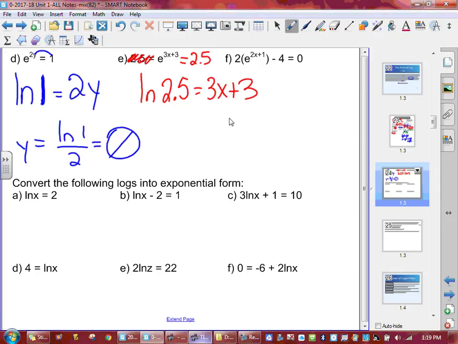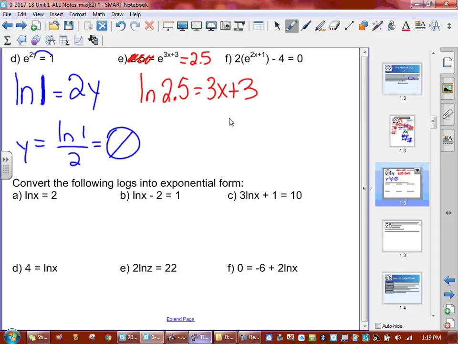What do I have to do to that question to isolate x? Forget that it even says ln on the other side. What if the word ln wasn't there and you just had 2.5? How do you get rid of that 3 there? You take it to the other side by doing the opposite function. Right now he's being added, so you're going to subtract 3.